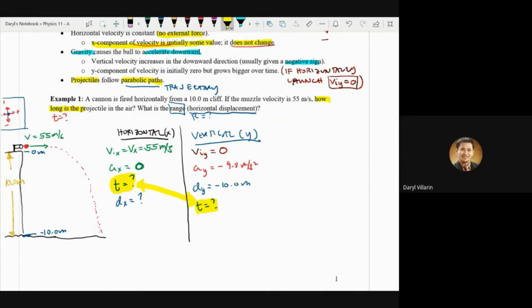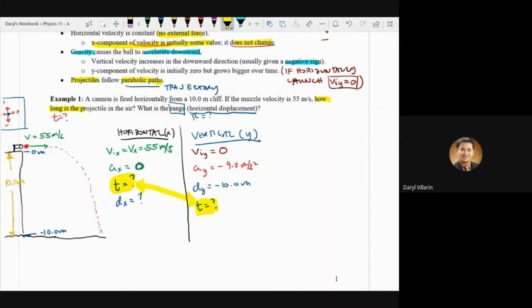I'm just using t, so if I get a particular value on this side, I can use it on the other side also.